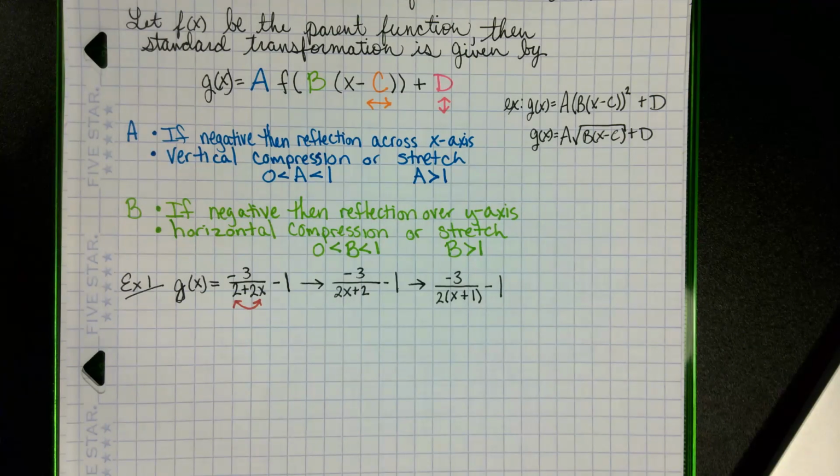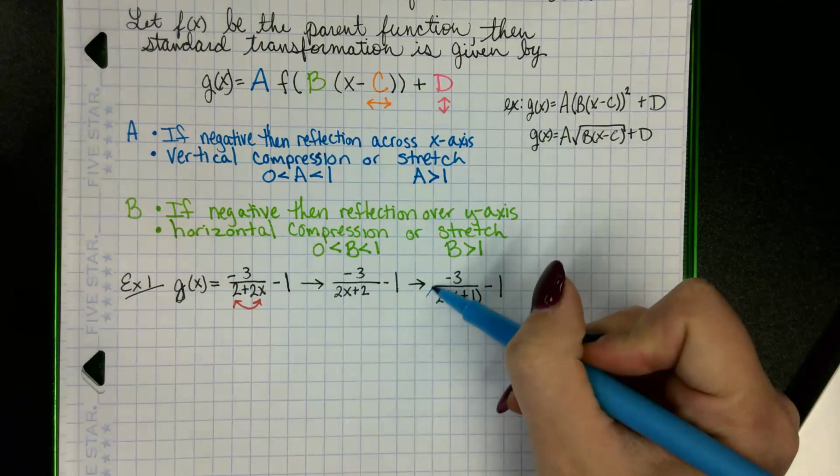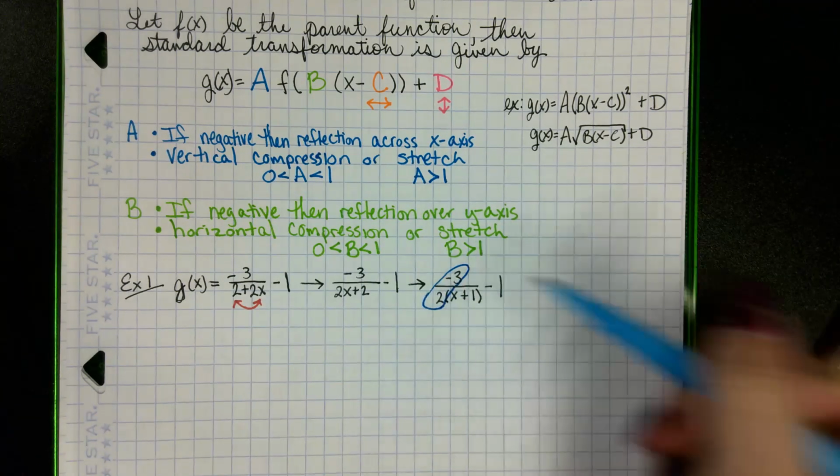All right, so this is the rational function or the reciprocal parent function. I can, if I want to match that, that's 1 over x. Well, I have this negative 3/2. I can bring that outside.